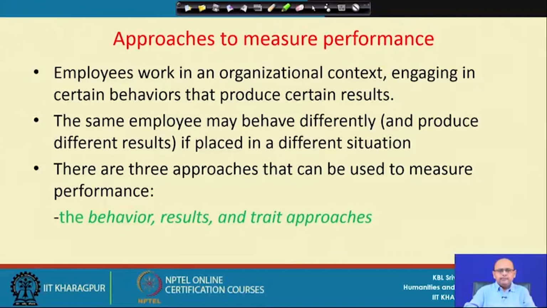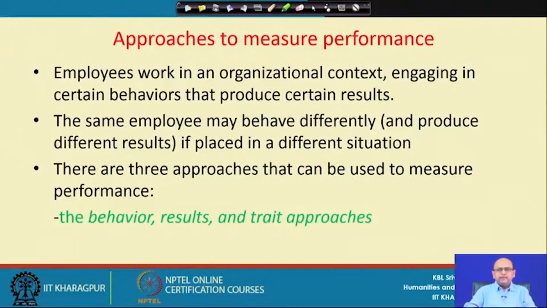For example, if there is a teacher who is teaching say 100 students in the class, the context may be the same, the classroom, the teaching, the environment. But when it comes to their behavior and results, it is different. Similarly, if employees are placed in different situations, then you also expect different kinds of results. So, both are possible.